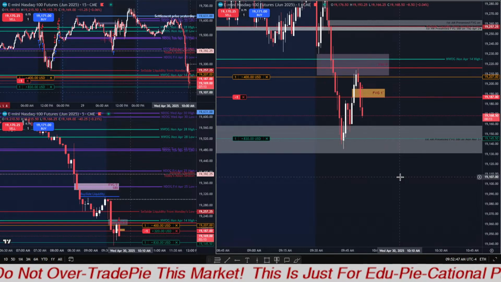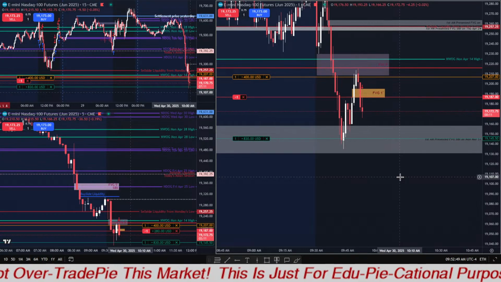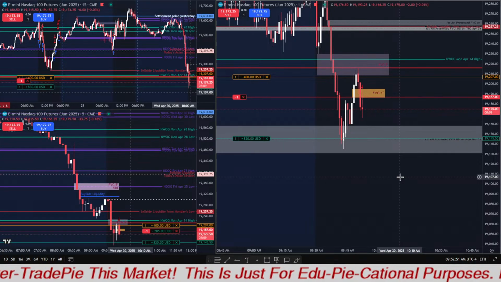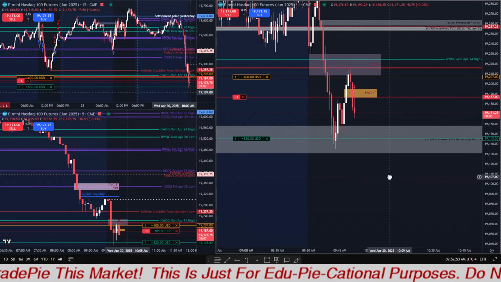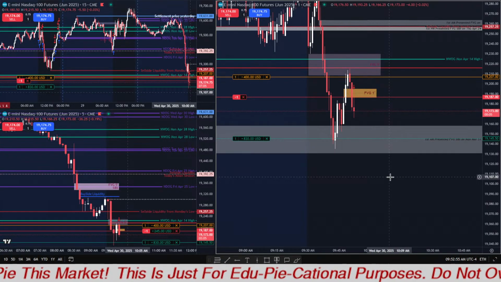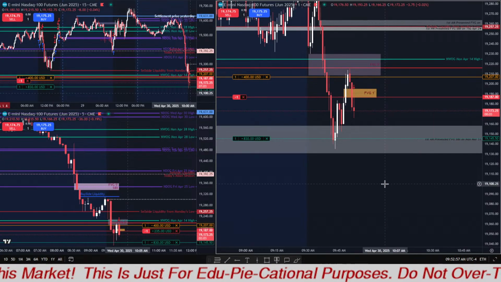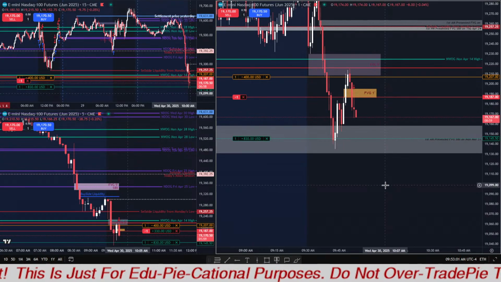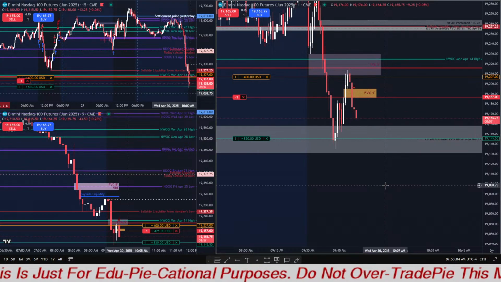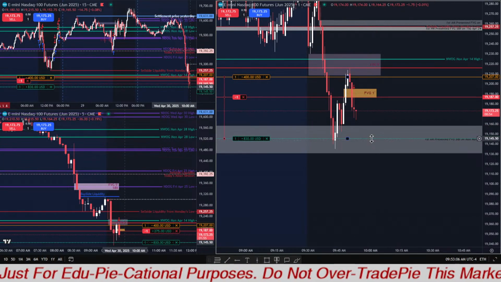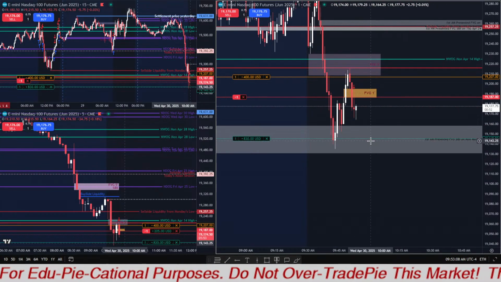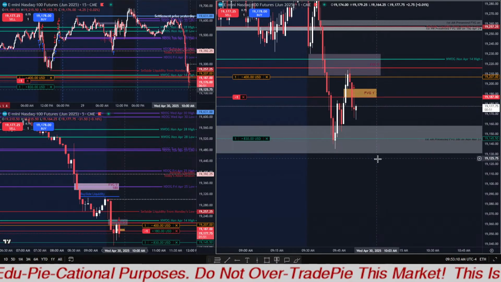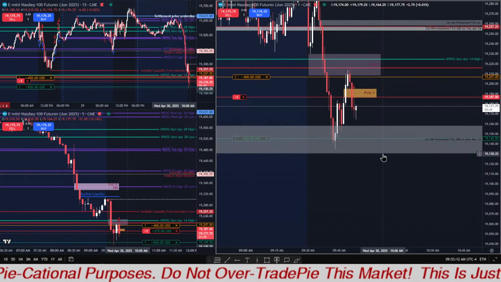Almost 20 handles in profit. I have placed my target right above the consequent encroachment of this first presented fair value gap over here.